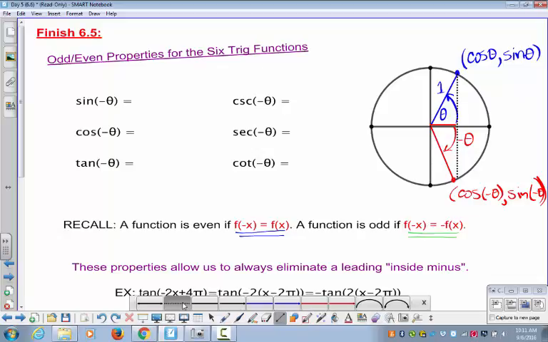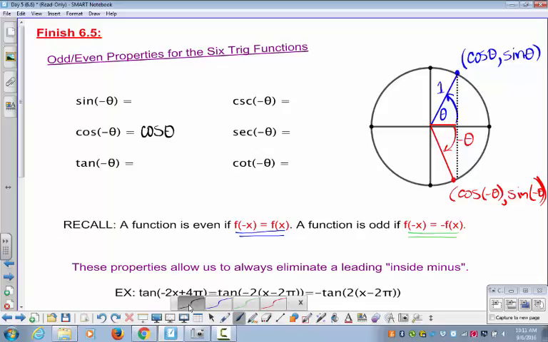So that tells us, just by looking at that picture, that cosine of negative theta is the same as cosine of theta. Agreed? That's how we make this conclusion: if you have cosine of negative theta, you can just erase the minus, because cosine of negative theta and cosine of theta are always the same.